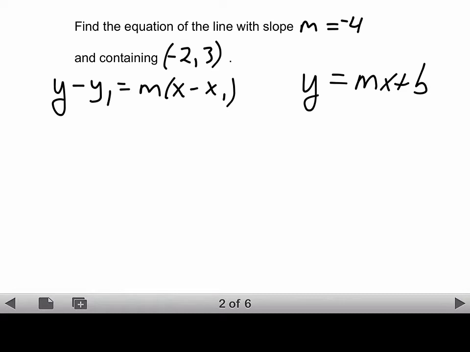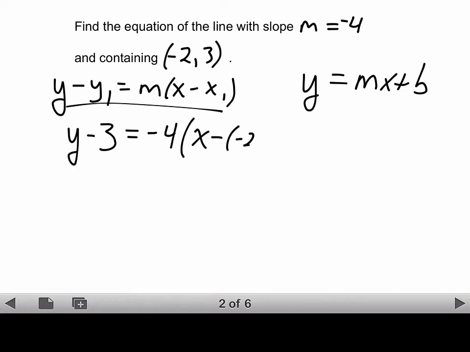I'll end up using both of these techniques, but not on the same problem. Let's start using point-slope form. y minus y1, well 3 is y1, is equal to m, which is -4, times the quantity of x minus -2.